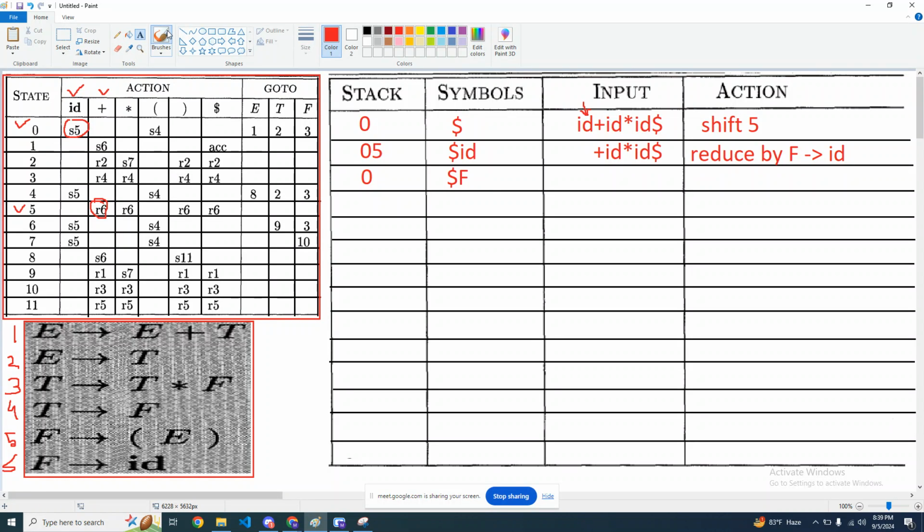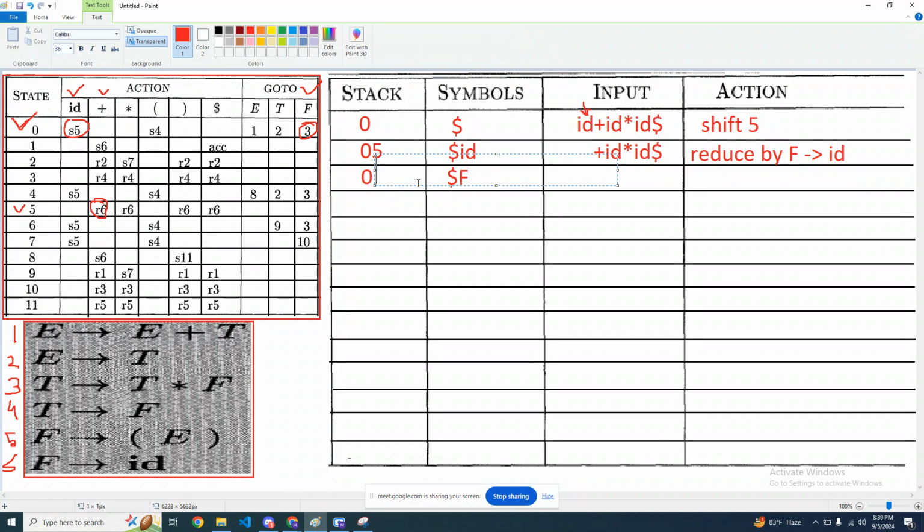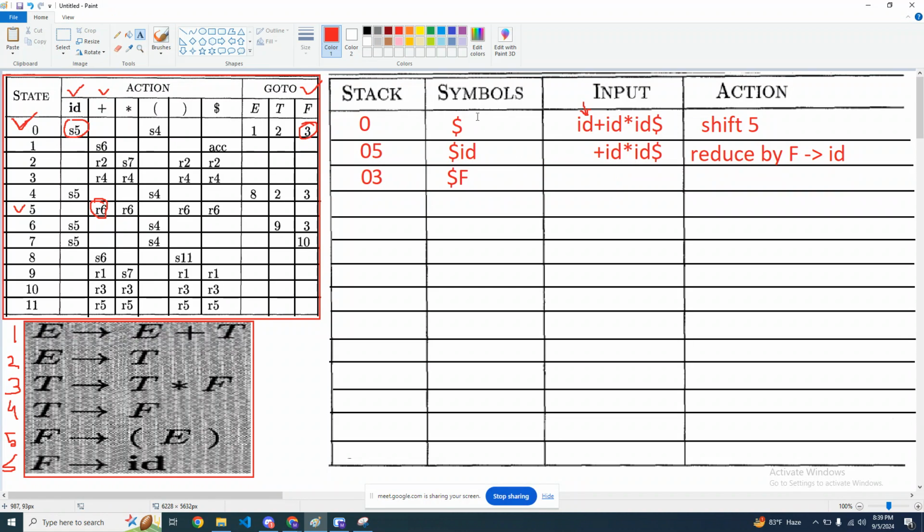So we need to go to 0 and we need to go to the F column. So what is the value? We have 3. So we need to push 3 onto the top of the stack, because after a reduce operation we need to perform one goto operation.